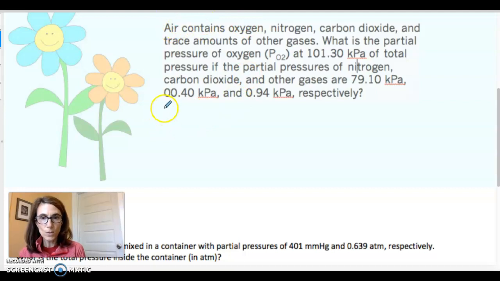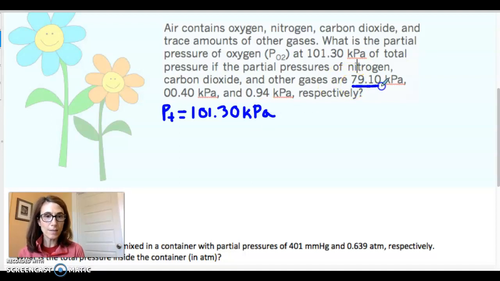Our P total is 101.3 kPa. All of our gases have two decimal places, so we're going to need our answer to have two decimal places.